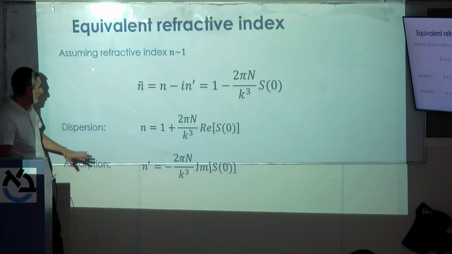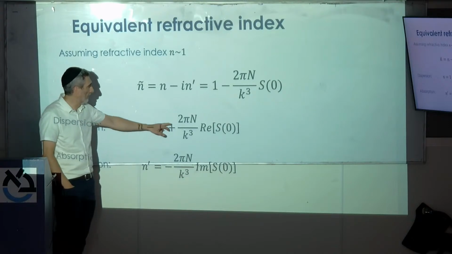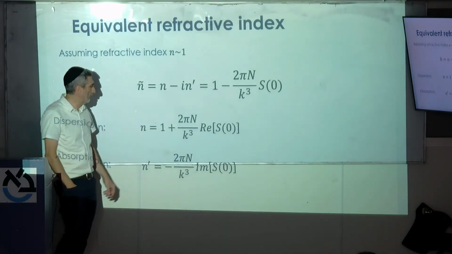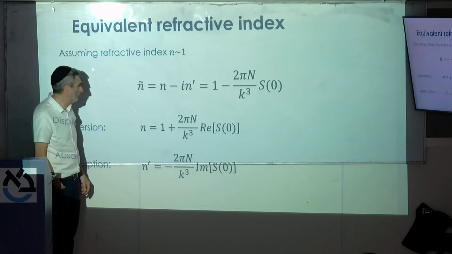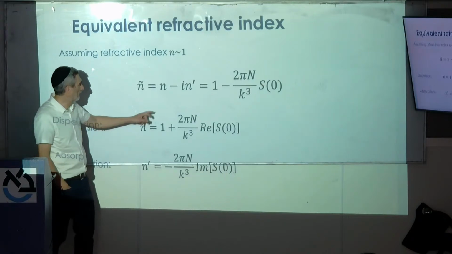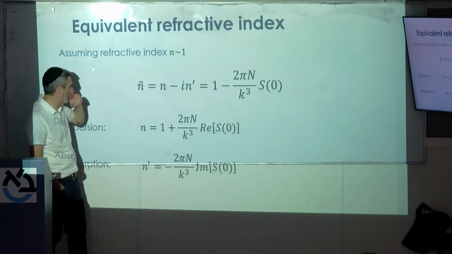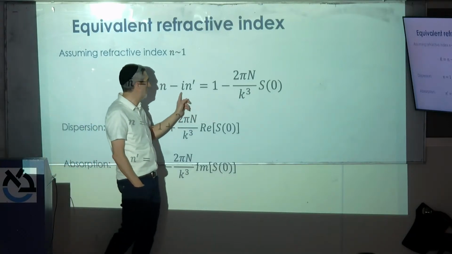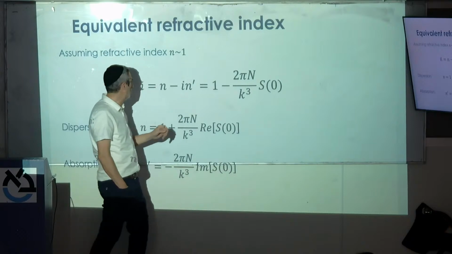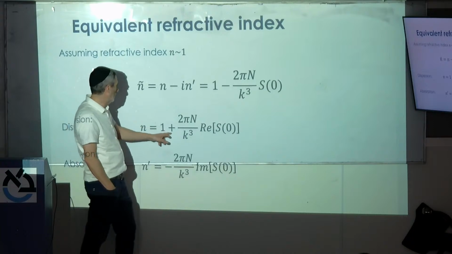So you have the first part here. The real part is 1 plus 2 pi n over k squared, real part of S of 0. Where does the plus come from? Ah yes, because it's i here. I don't see why I have a plus.